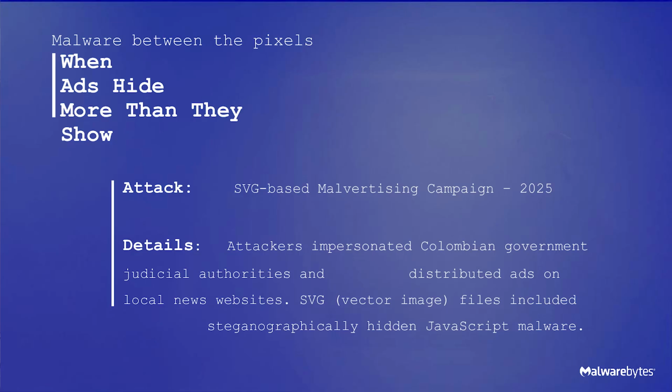They distributed ads in local news channels, with embedded messages or embedded actions. There was some JavaScript hidden inside those ads, and that's how they performed the attack.